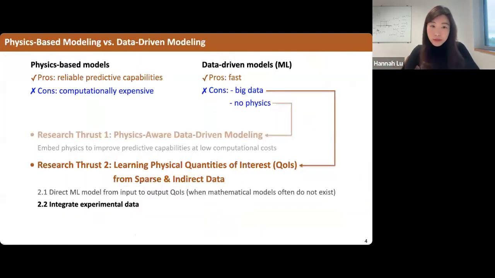All right, so I want to move to the next part, about how to integrate with experimental data, which is my first slide with a video there.